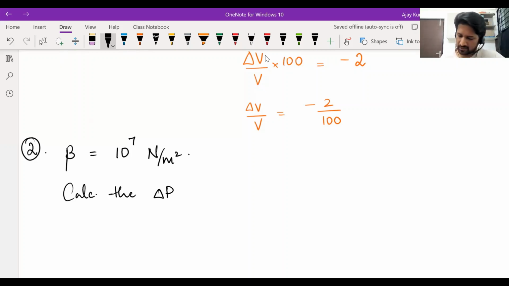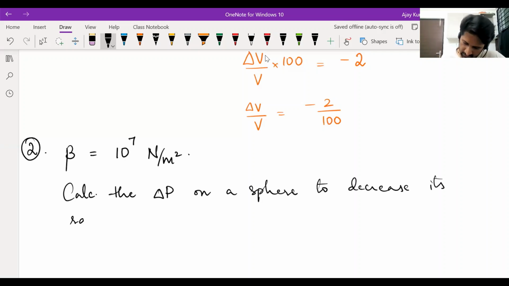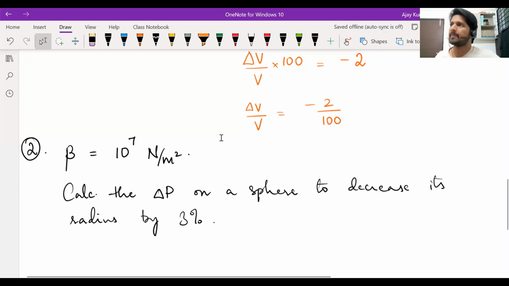Calculate the pressure that must be applied on a sphere made of this material to decrease its radius by 3%. Okay. Or, okay, let's take 1%.